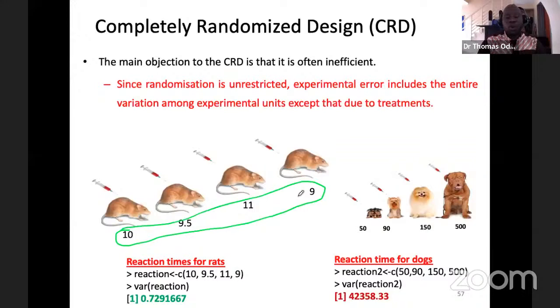So we need to be sure that whatever is lumped together as experimental error does not have any other pattern apart from experimental error. So from here you can see that the values are quite similar, and when you calculate the variance is actually quite low.